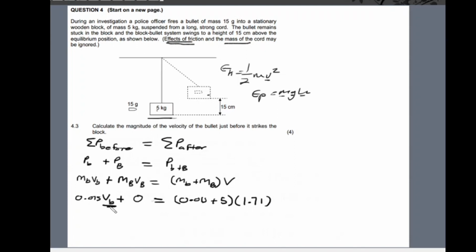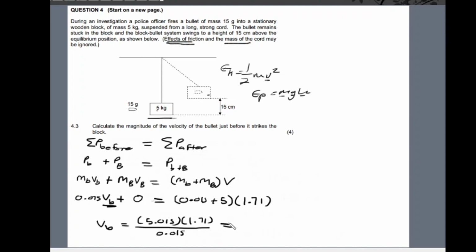And then now we can solve for the velocity of the bullet. So the velocity of the bullet will be 5.015 times 1.71 divided by 0.015, right?